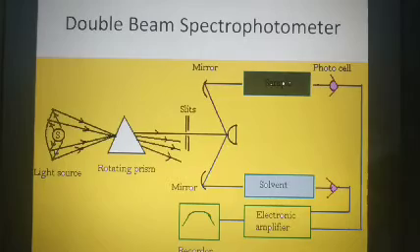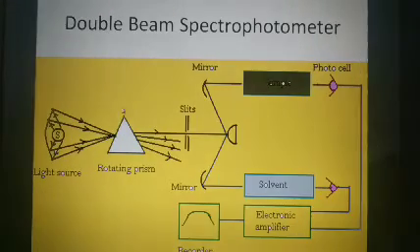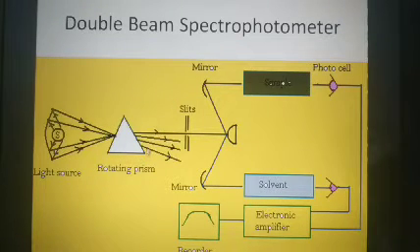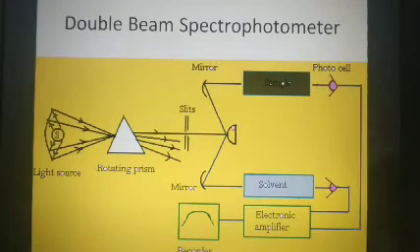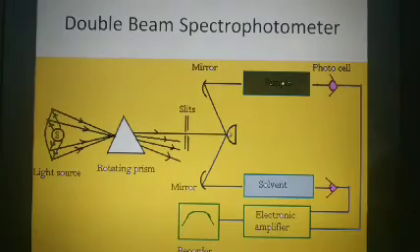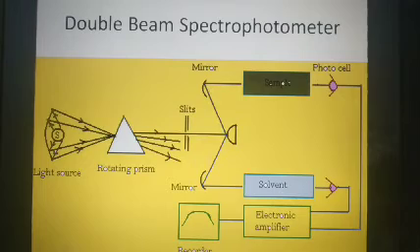Then it is passed through a rotating prism, which gives a monochromatic beam, passed through a slit to get a fine beam, that is split by a round half mirror to two mirrors. It splits the signal two ways. One passes through the sample, another passes through the solvent.